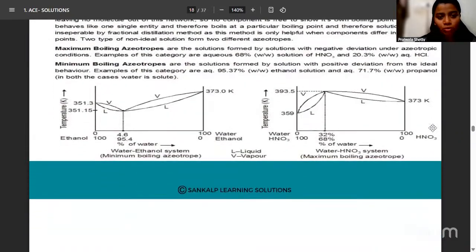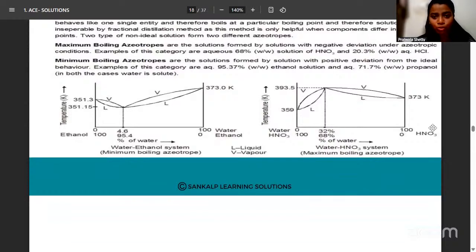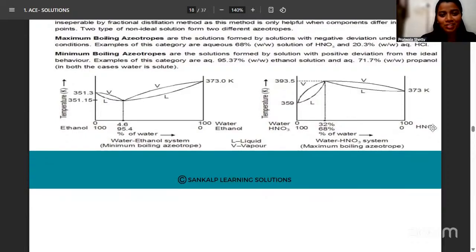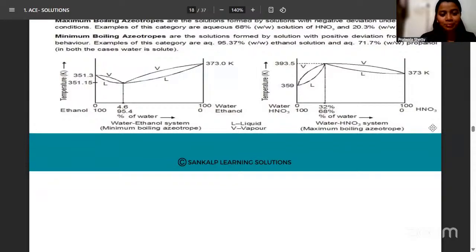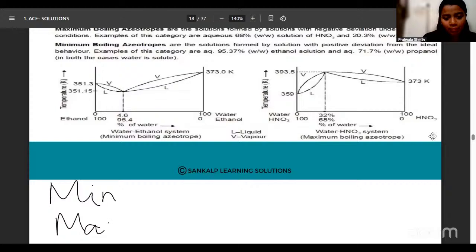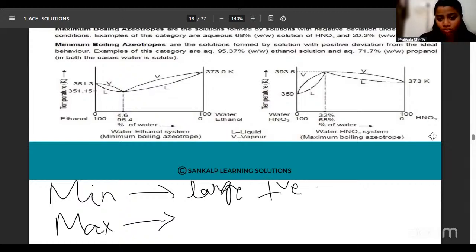You understand what minimum and maximum boiling azeotropes are. The solution which shows large positive deviation from Raoult's law is called a minimum boiling azeotrope. Minimum and maximum are different. Minimum means the solution which shows large positive deviation from Raoult's law.